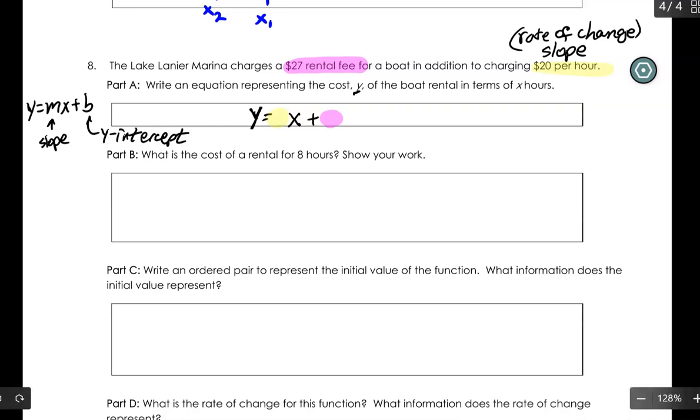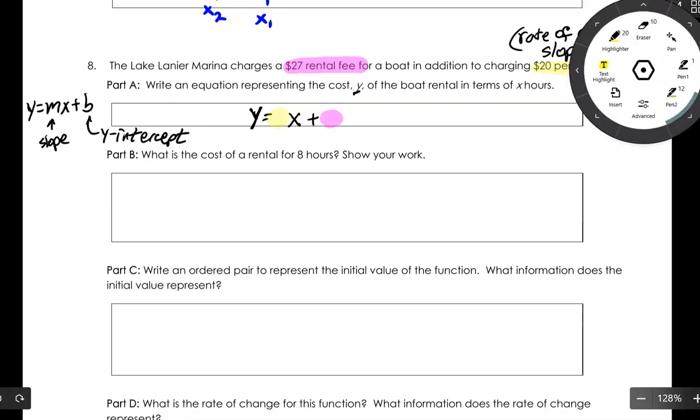Once you have your equation, y equals blank x plus blank, what happens now is that this x changes.